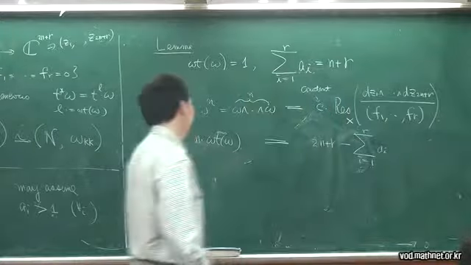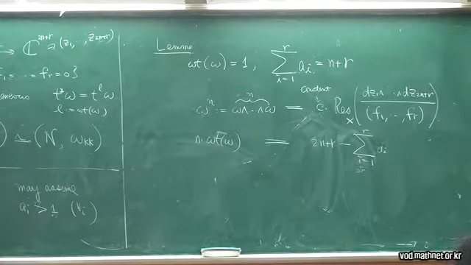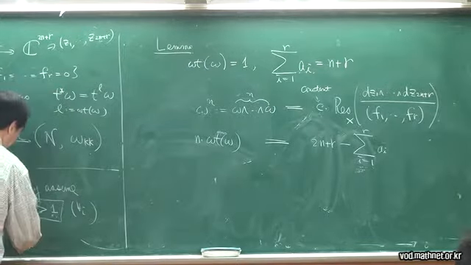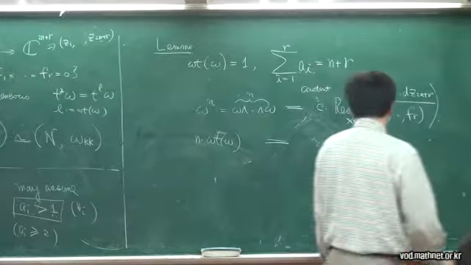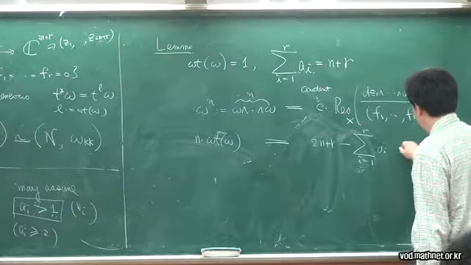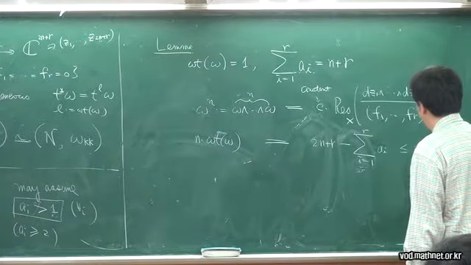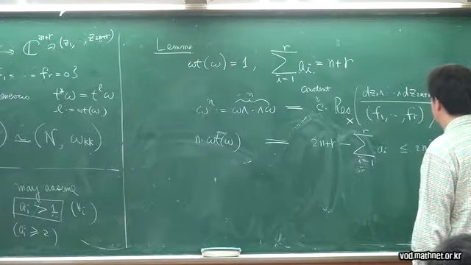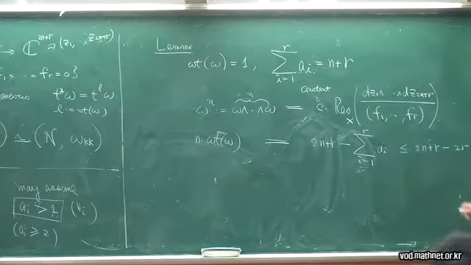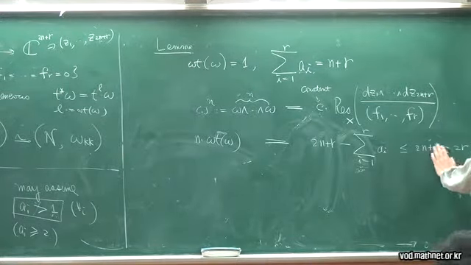But here each a_i is greater than 1, so this means that a_i is not less than 2. So this is at most 2n plus r minus 2r, so this is 2n minus r.